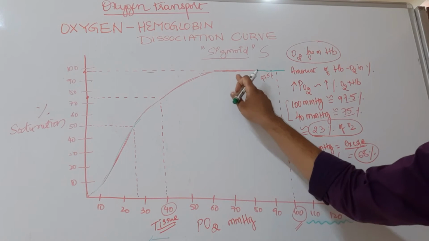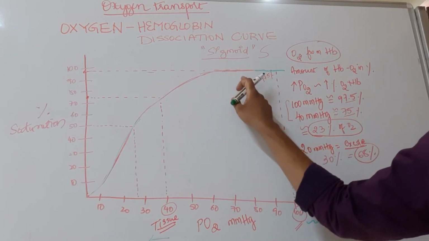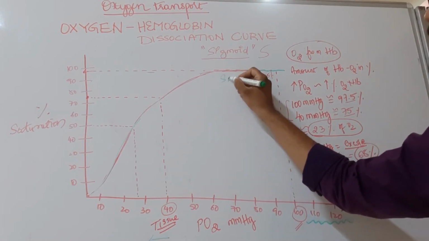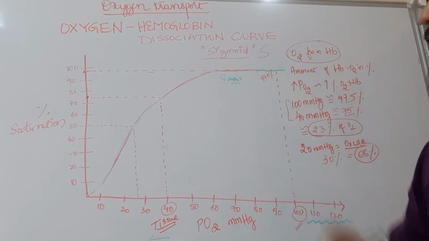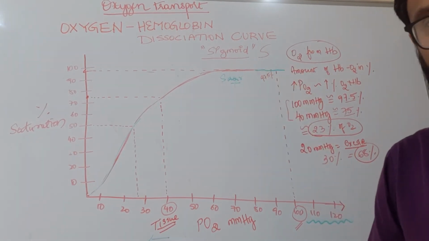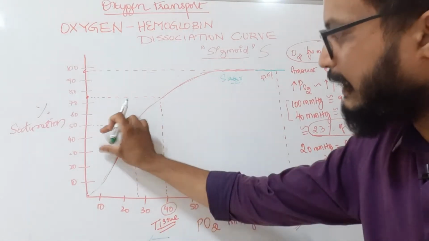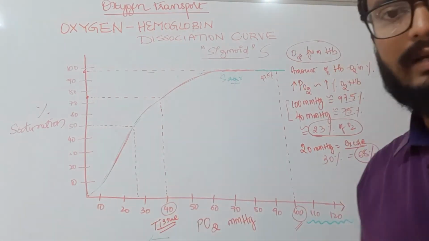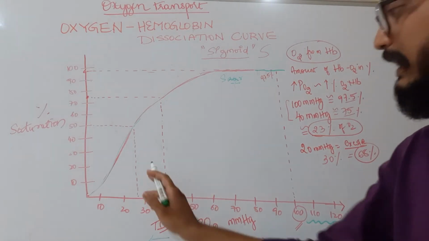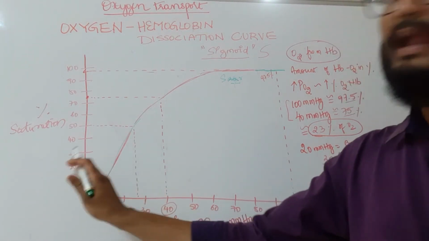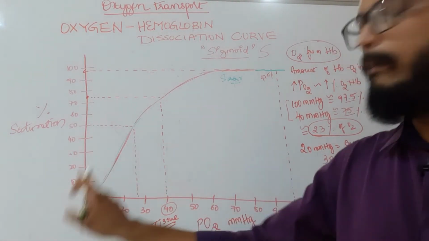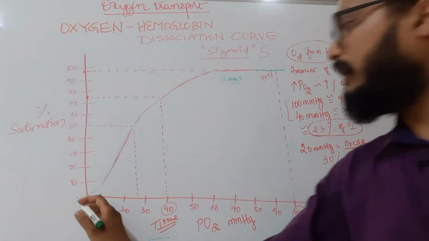So in the plateau phase, whatever the increase in the partial pressure, it is fully saturated, and there is no extra addition of oxygen molecules. But in the steeper phase, a little decrease in the partial pressure of the oxygen causes more unbinding of the oxygen from the hemoglobin molecule.